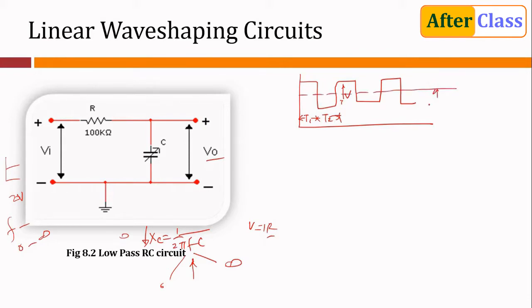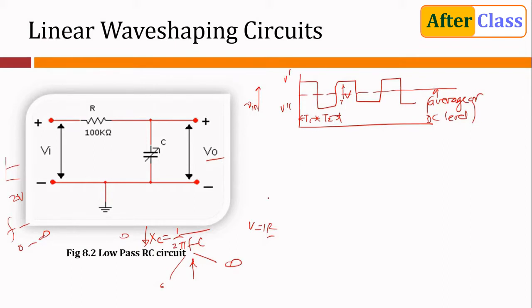So this is referred to as the average or DC level. These are the two sets of voltages, V prime and V double prime. So this is V in.